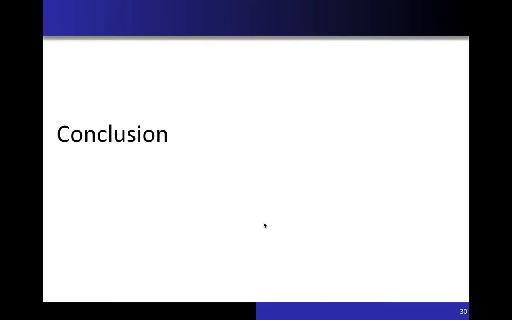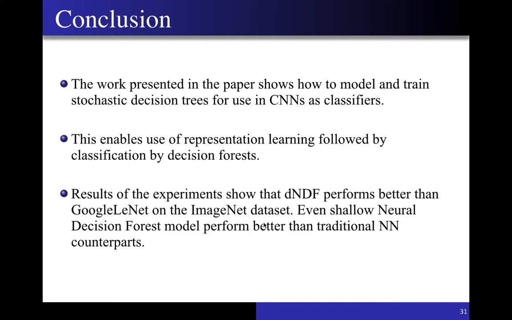Conclusion. So now we arrive at the conclusion section. This paper illustrates how to model and train stochastic differentiable decision trees. It's very interesting to see how decision forests can be used as classifiers for end-to-end training in convolutional neural networks.